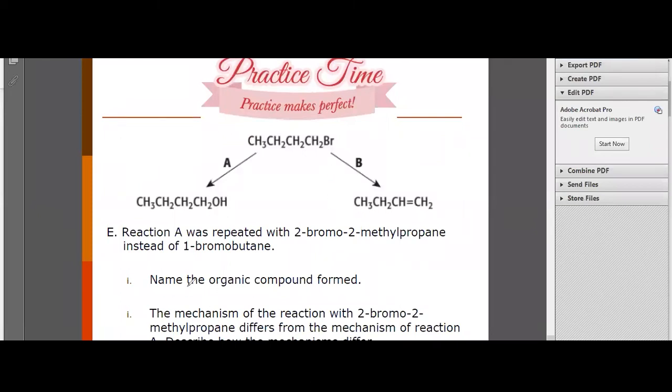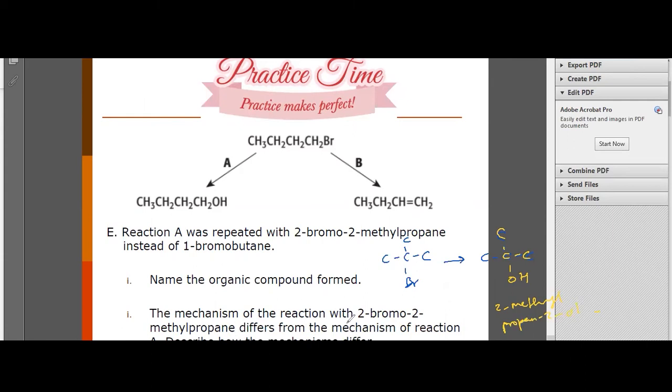Okay, let's discuss the answer. Name the organic product formed if A was repeated using 2-bromo-2-methylpropane. So this will produce, what's the name for this? 2-methylpropan-2-ol.